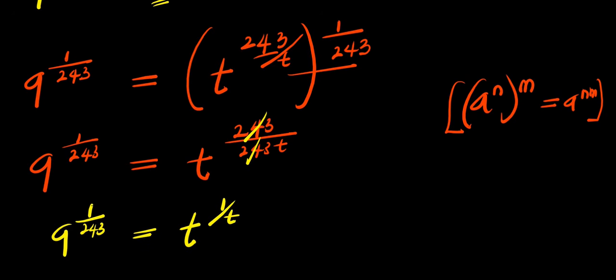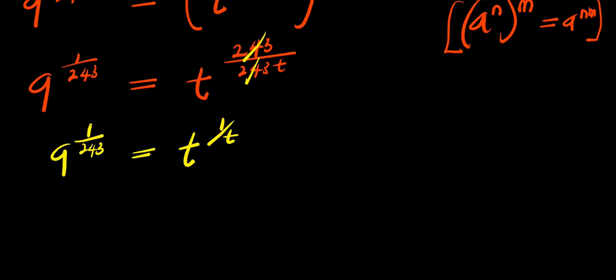So what you need to know is that we have t here at the base, we have t here at the denominator of the exponent, 9 at the base, and we have 243 here. So what we can do is make the base and this to be the same, so that it will correspond to the fact that the t and the t are the same.